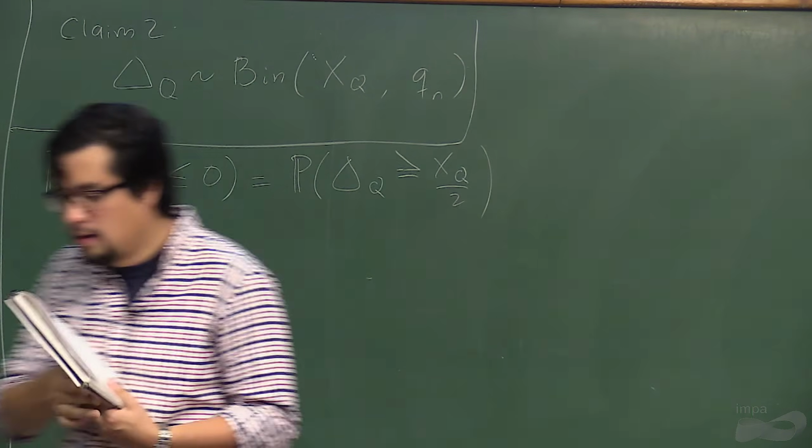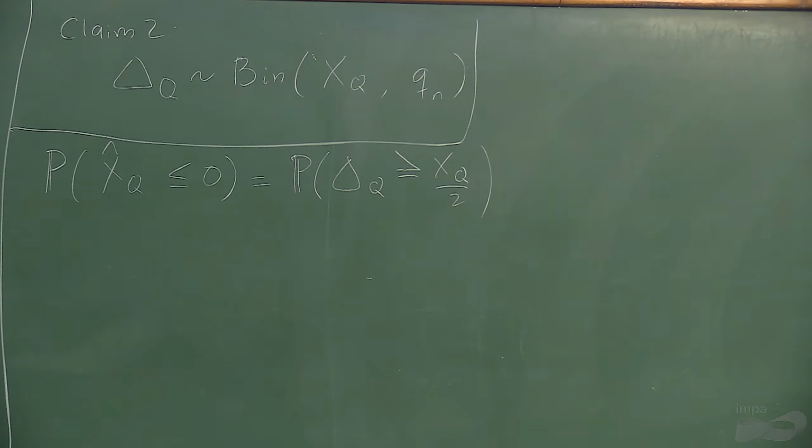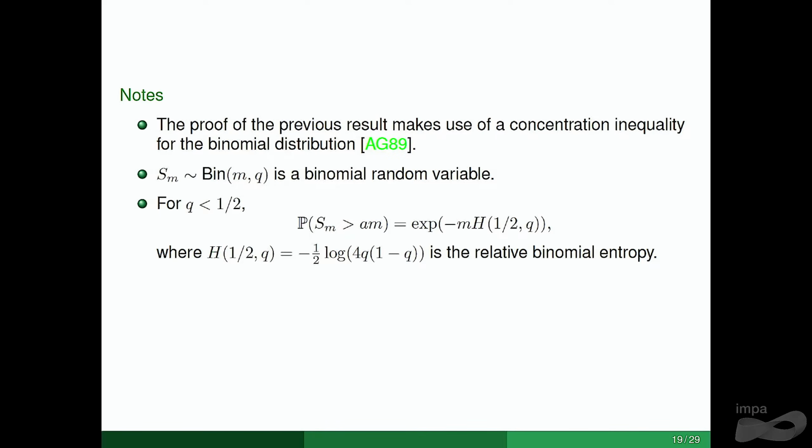Let me go back to the slides here. So here I have a concentration inequality that I'm going to use. I'm not going to look at the proof of this, but this is a result that we can just use.